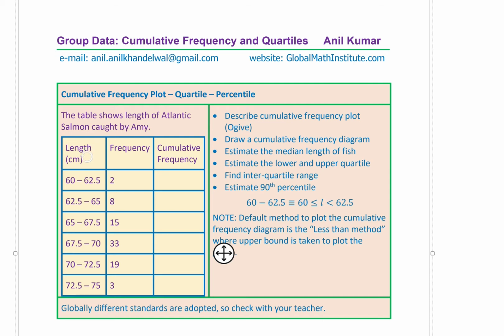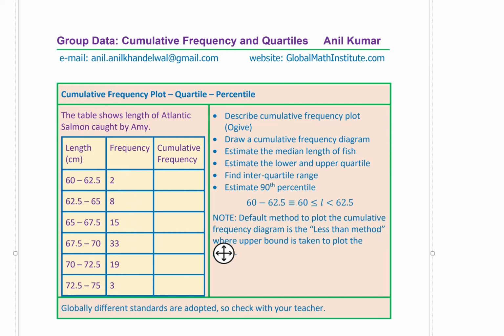We are given the length interval 60 to 62.5, frequency, the number of fish in this interval, was 2, then 62.5 to 65, 8, 65 to 67.5, 15, 67.5 to 70, 33, 70 to 72.5, 19, 72.5 to 75, 3. So that is the data which is given to us.